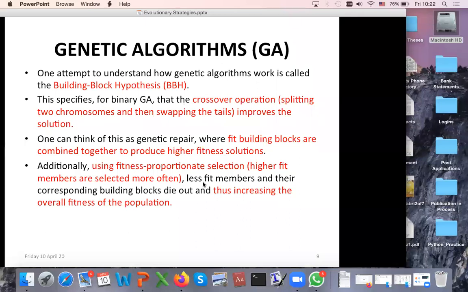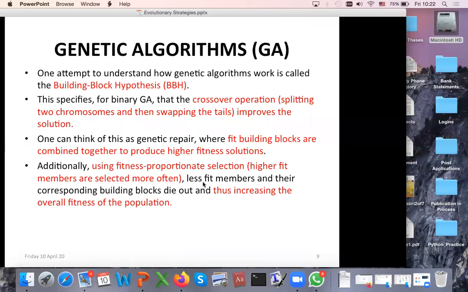BBH is a theory in which the theorist says that if you want to build a new building from your old building, and from your old building you have blocks, some blocks are very fit, very strong, or of good quality, and some blocks are very old and of poor fitness.